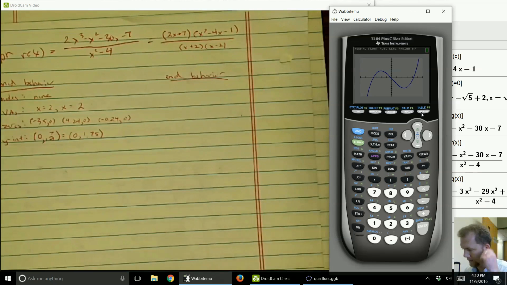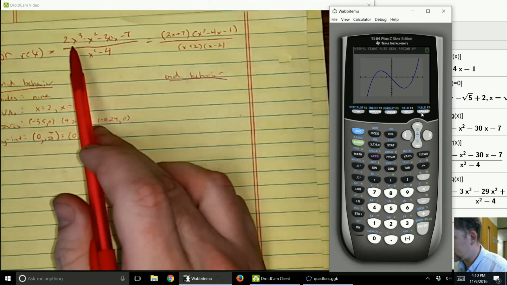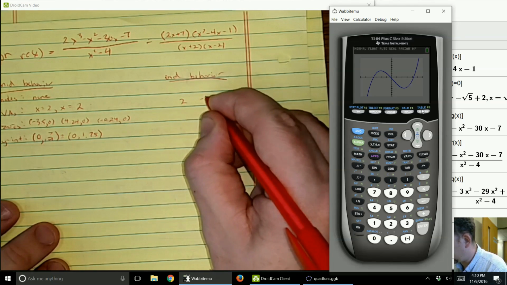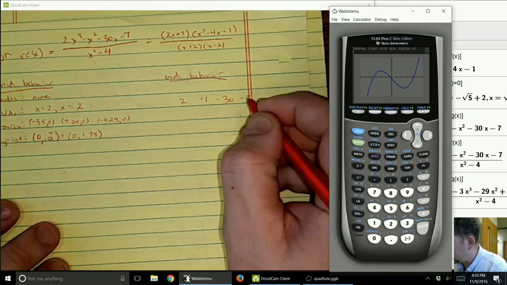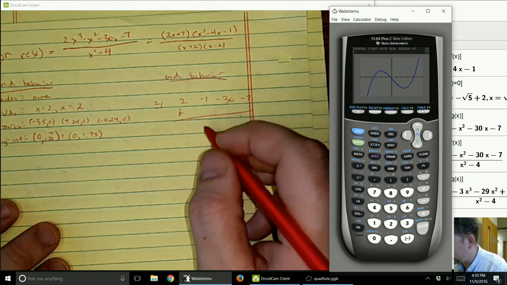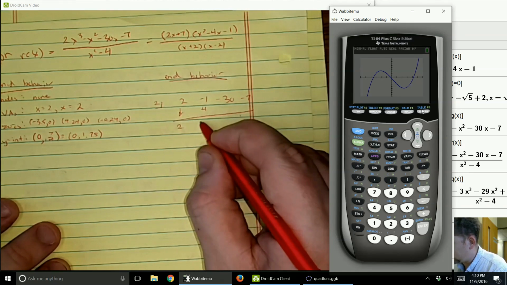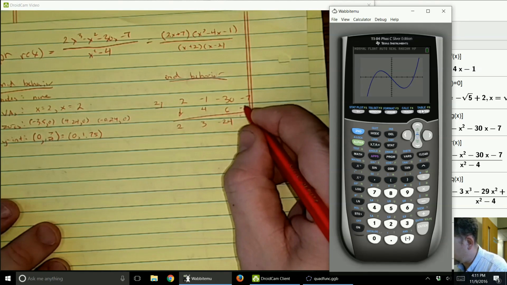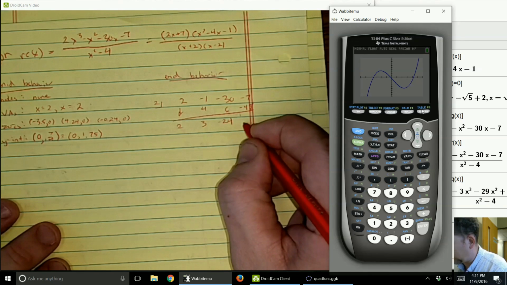Now for end behavior, what we do is we divide this by these, one at a time. 2, -1, -30, -7. We put in 2 first. Doesn't matter which one I choose. 2, 4, 3, 6, -24, -48. Who cares?